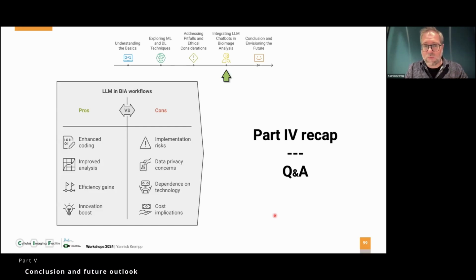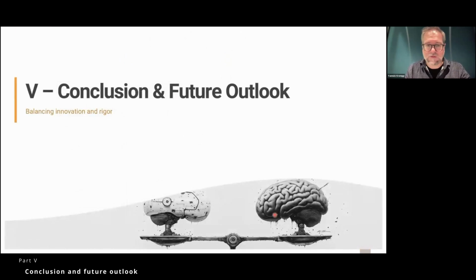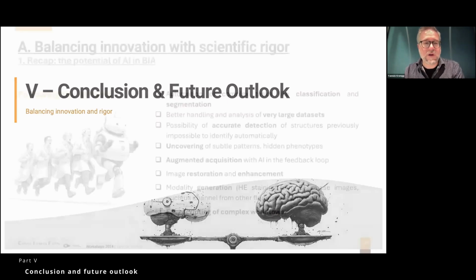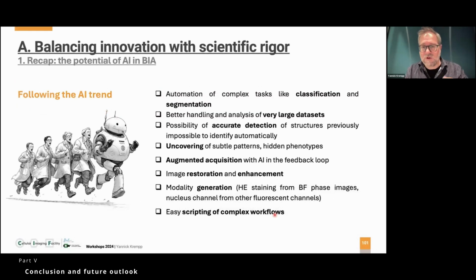So I will skip the pause here since the time is quite advanced, and quickly skip to the conclusion. We have to follow the AI trend because it provides huge improvements in accuracy, ease of use, speed, and accessibility. You can't deny those advantages.